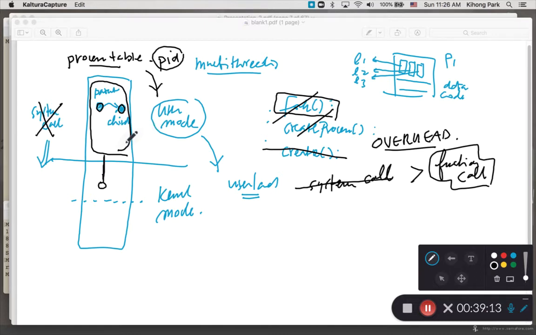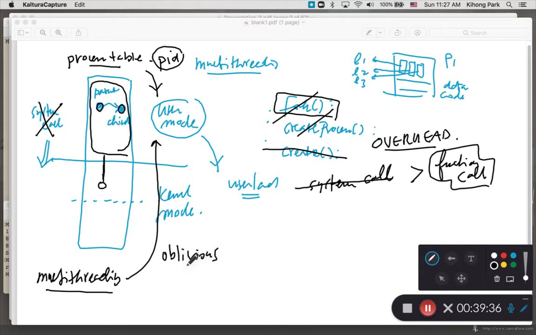For that reason, there's a tradition of multi-threading software packages that are done in user mode, and you create child, parent, all under here. And the kernel, the OS, is oblivious to all of these goings-on. It doesn't know about it.